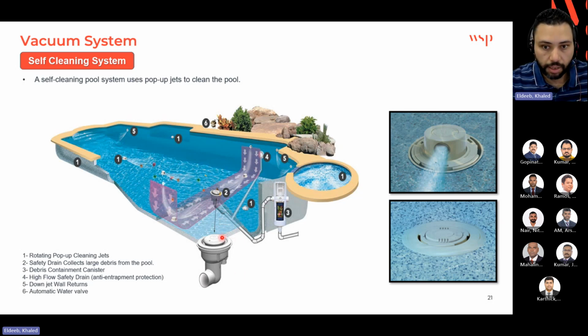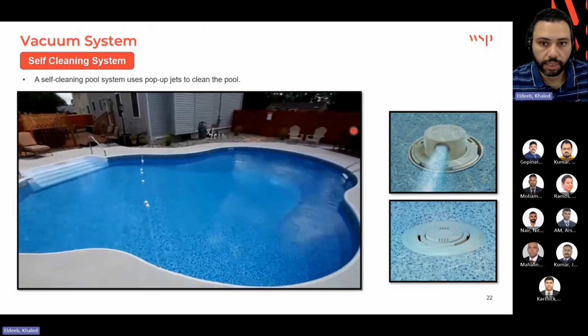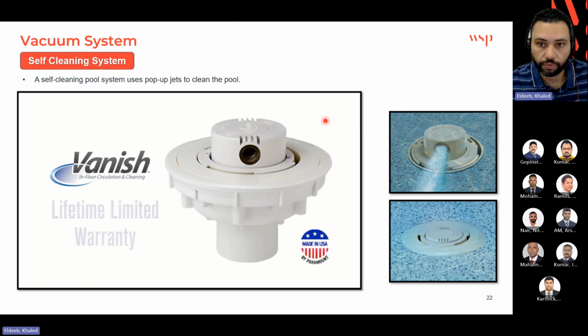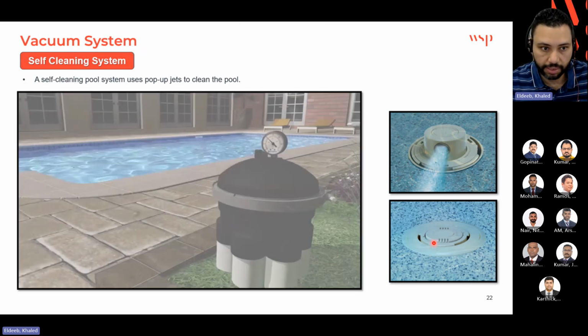But I just wanted to show you all systems, even if not common, in order to be familiar with everything. In some cases, you can find it in ultra luxury hotels or high level projects.